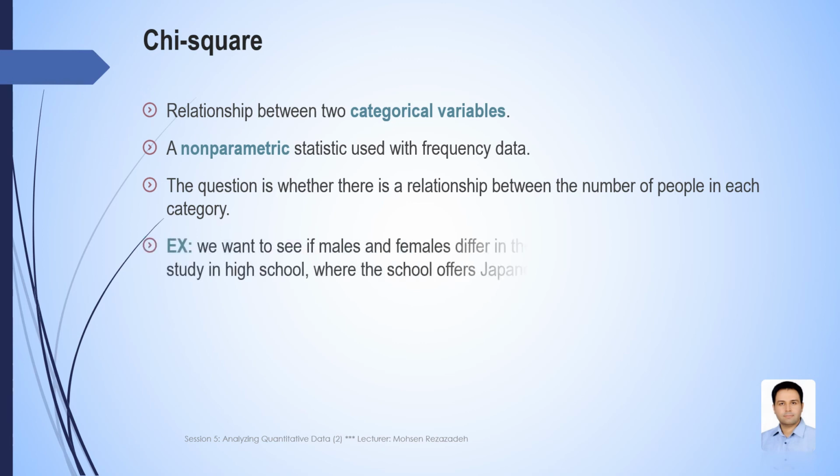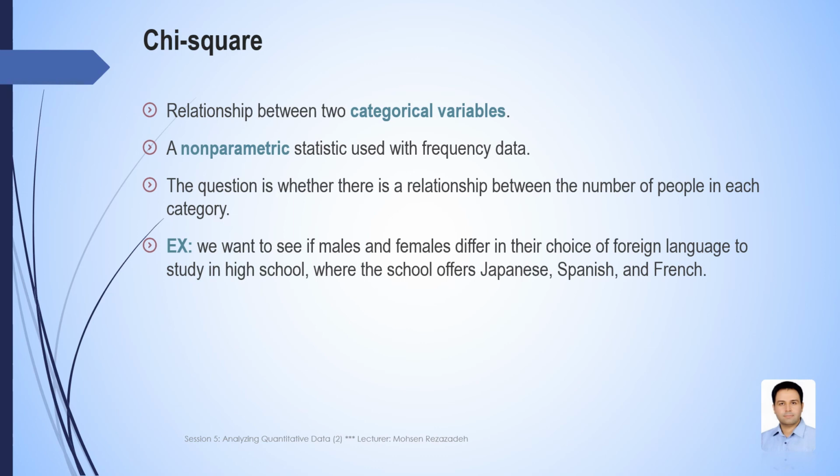For example, we want to see if males and females differ in their choice of foreign language to study in high school, where the school offers Japanese, Spanish, and French. So here we want to see if there is any difference between boys and girls in their choice of foreign language. For example, boys prefer to study English or here French more than girls.